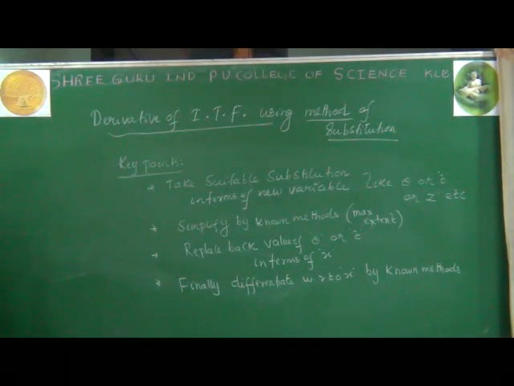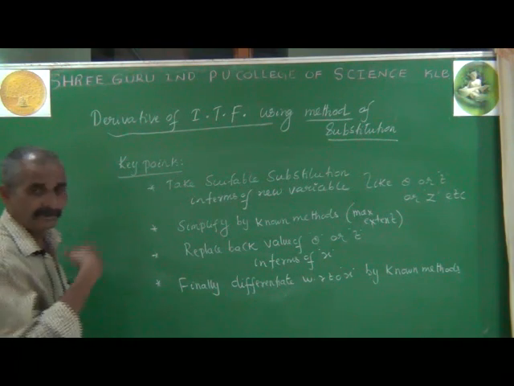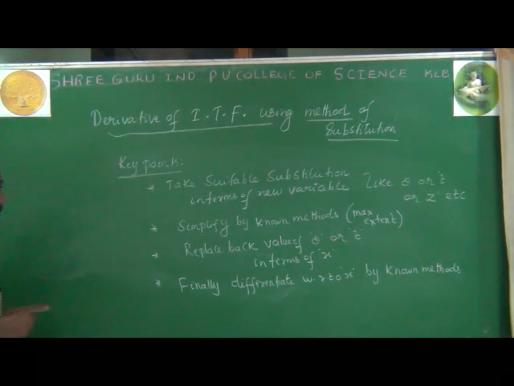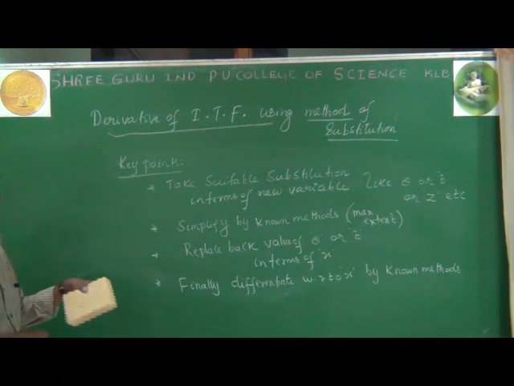So these are the 4 key points involved in the method of substitution. Take a suitable substitution in terms of a new variable. After that, simplify that expression by known methods, and then replace back the value of theta or t in terms of x. Finally, differentiate by earlier known methods.